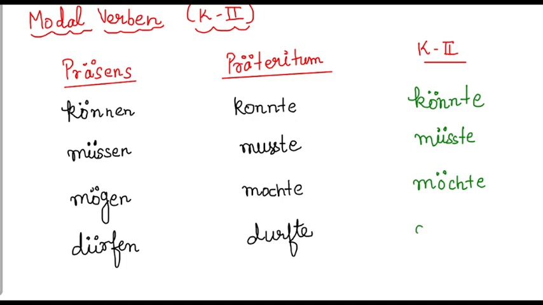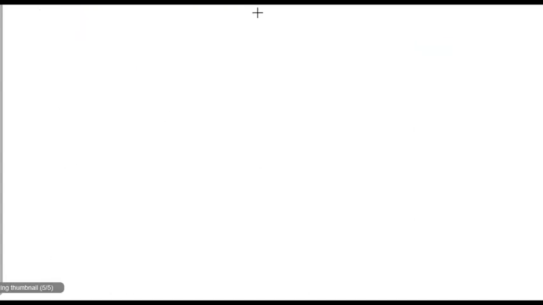Follow the rule, put an umlaut over the u, and you will get dürfte. So könnte, müsste, möchte and dürfte. These are the Konjunktiv II forms of these four modal verbs. Obviously it also exists for others, so let us see the next page.